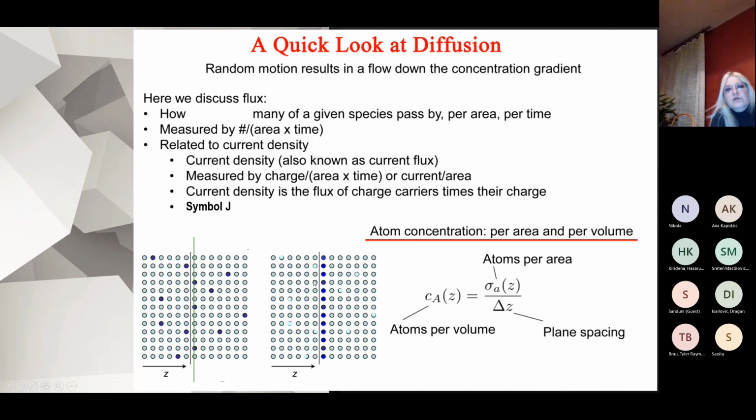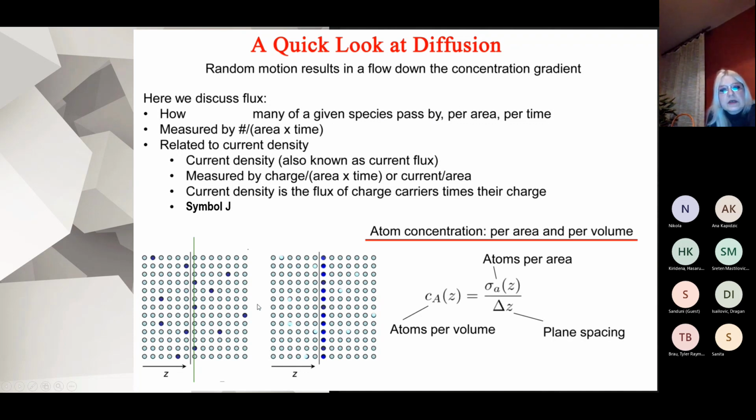After that, we allow these dark atoms to move around everywhere in this lattice, and the movement of the atoms crossing this imaginary plane is nothing else than the flux. That's why we define flux as a given species passing by per area and per time.